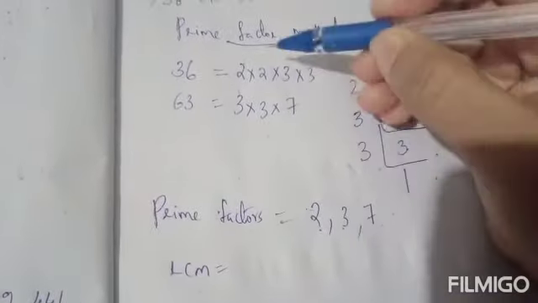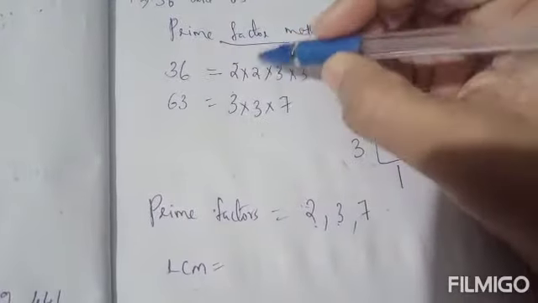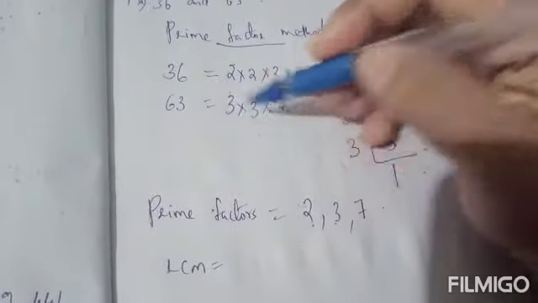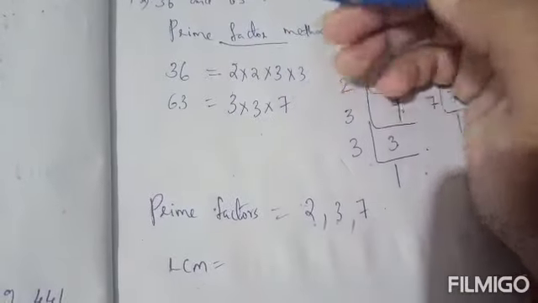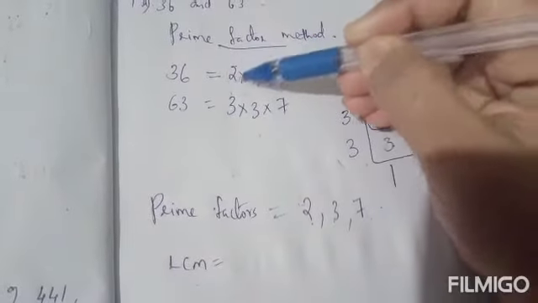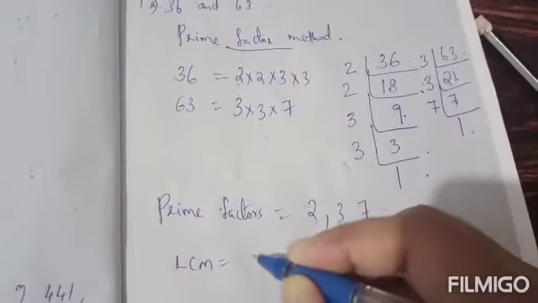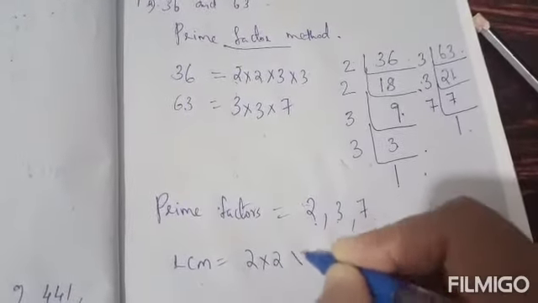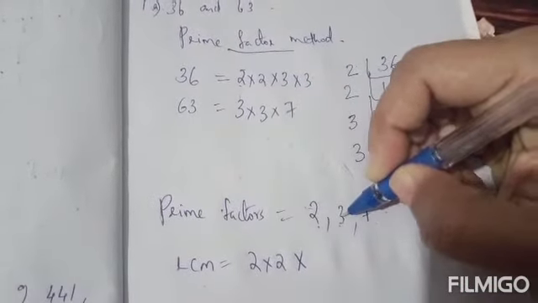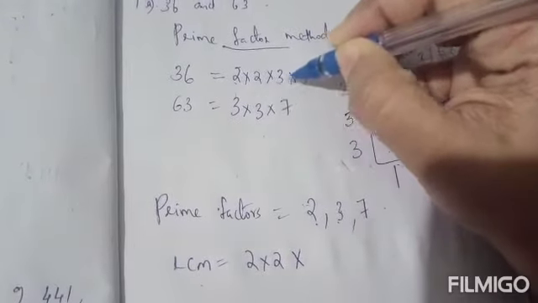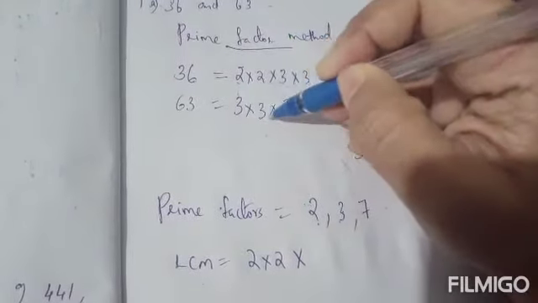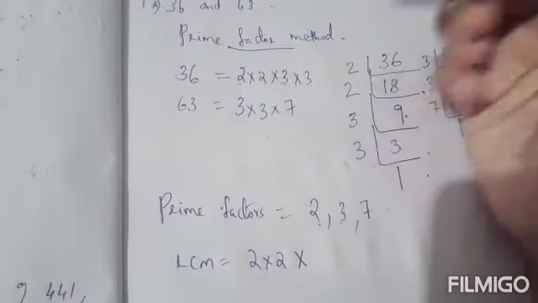So here you can see in 36, 2 is coming 2 times, and 2 is not coming in 63. So in the LCM, 2 will come 2 times. So 2 into 2 into. Now the next prime factor is 3. 3 is coming 2 times in 36 and 3 is coming 2 times in 63.